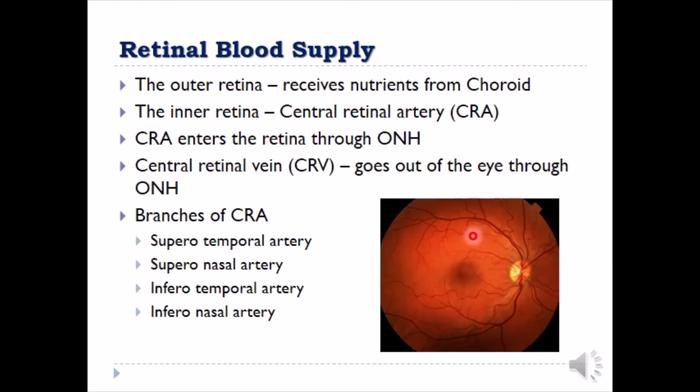So the arteries as well as veins are coming or going out of the retinal surface through the optic nerve head. The central retinal artery has four branches: superiotemporal, superionasal, inferiotemporal, and inferionasal. We'll understand this a bit more clearly in the next slide.